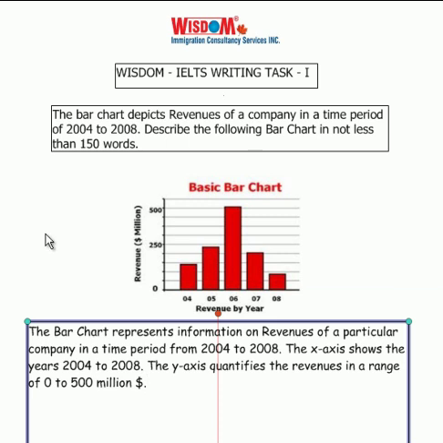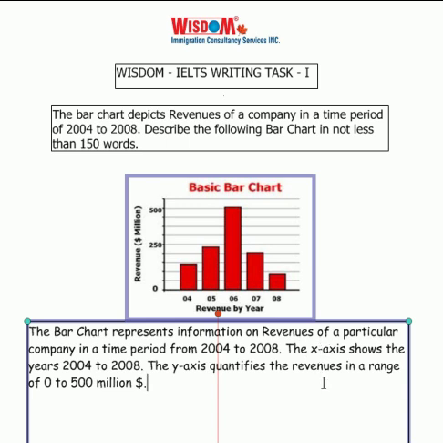Now remember, whenever we use words like x-axis or y-axis that involves a little dash between two different words, this word will be counted as one single word. So y-axis is one word and x-axis is another word. Now if you remember, our word limit is minimum 150.